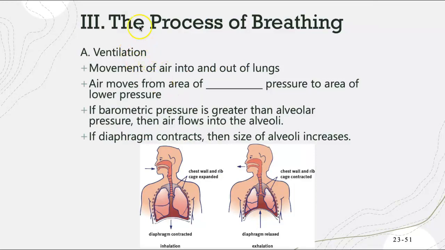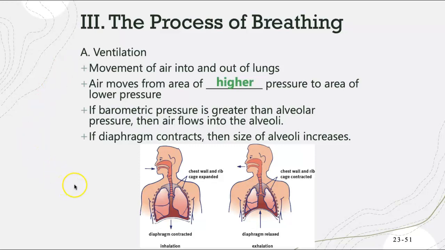As we said, we have ventilation take place, where basically we're just moving that air into and out of the lungs. We are not necessarily talking about gas exchange taking place. So air is going to want to move from an area of higher pressure to an area of lower pressure.